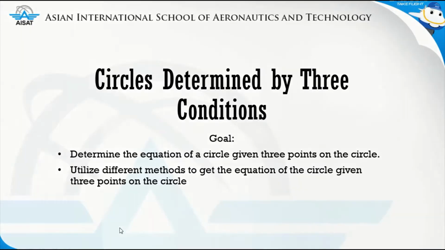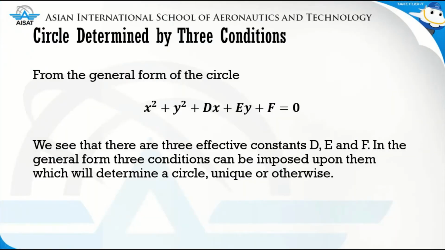In the previous lesson, we learned that the general form of the circle is x squared plus y squared plus dx plus ey plus f is equal to 0. We can get this general form if we expand the standard form of the equation of a circle, which is (x minus h) squared plus (y minus k) squared is equal to r squared.